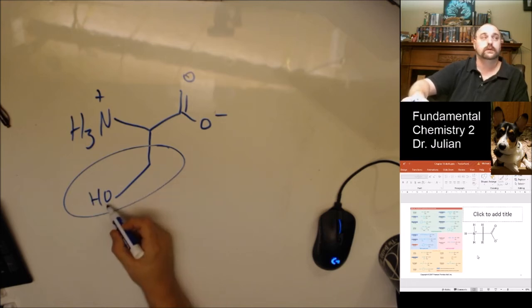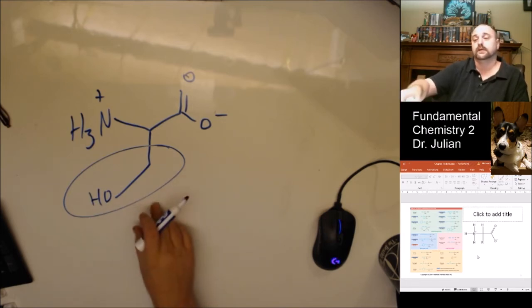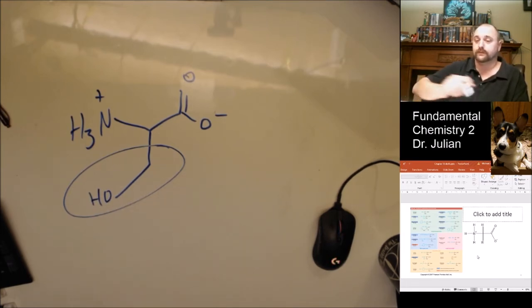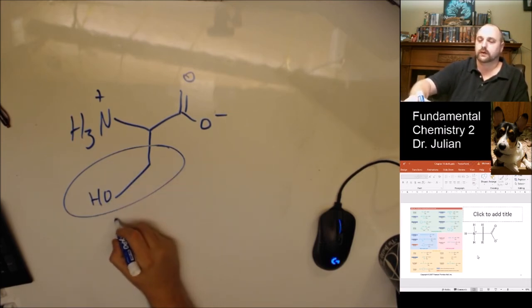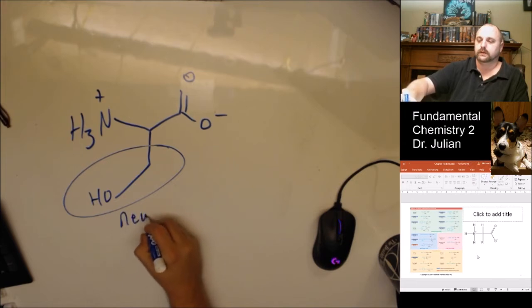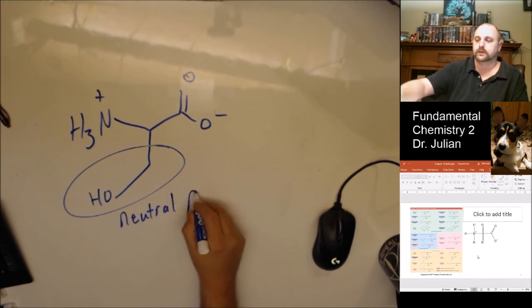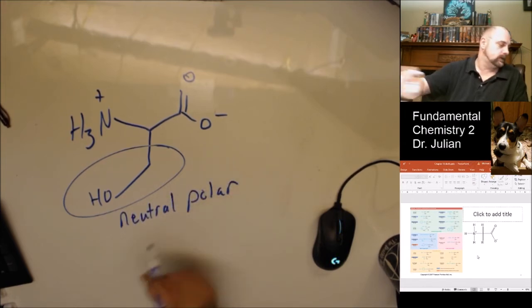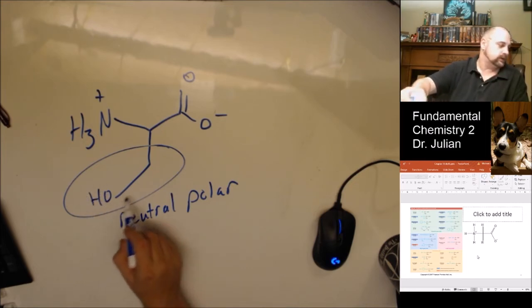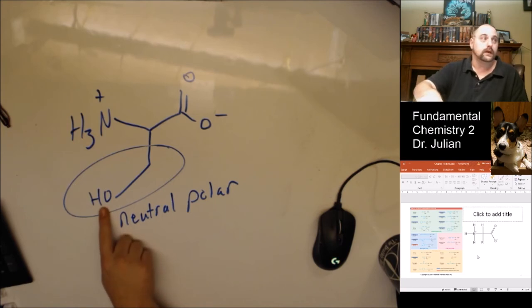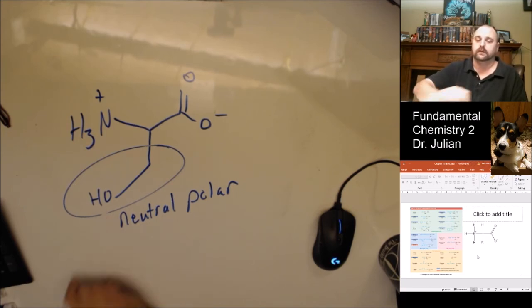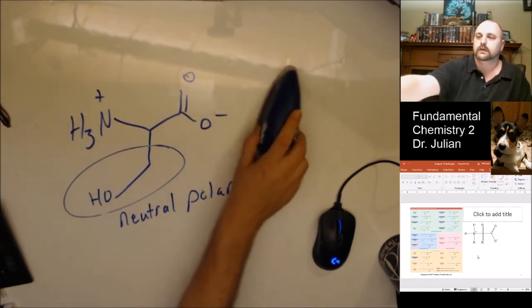All right, so this one has an OH. That means it's not hydrophilic, it's not hydrophobic, and it doesn't have a charge. So this will be neutral polar, and that's because of this OH.